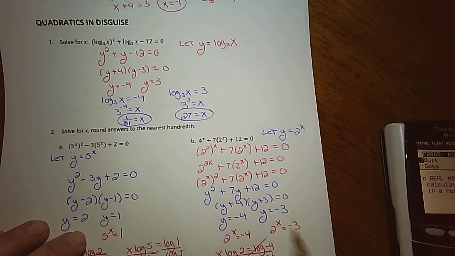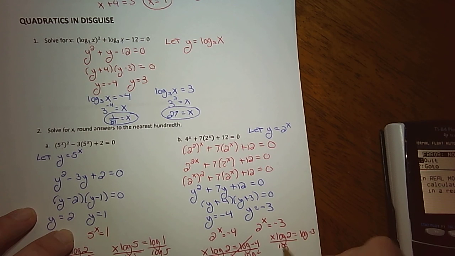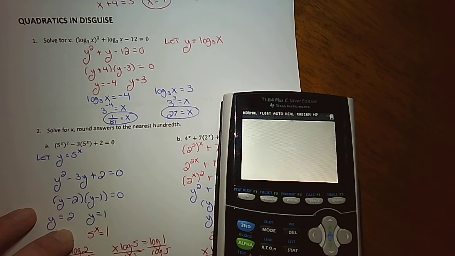Oh, wait, we have the same thing here. So my intuition is telling me that's going to give us no solution. So let's see if that happens. x log 2 equals log negative 3. If you divide by log 2, let's see what happens. So quit out of that.